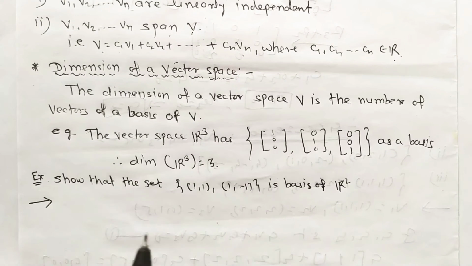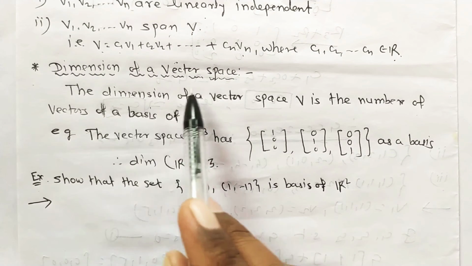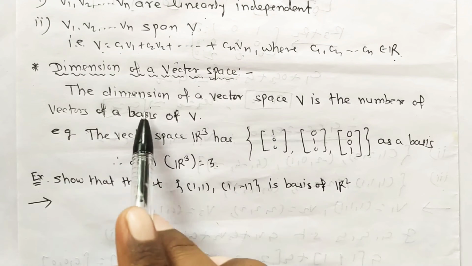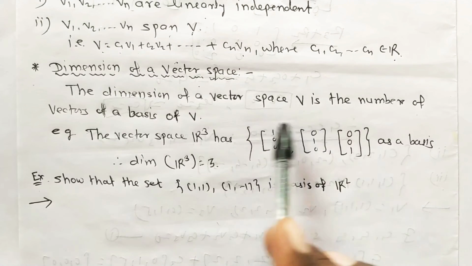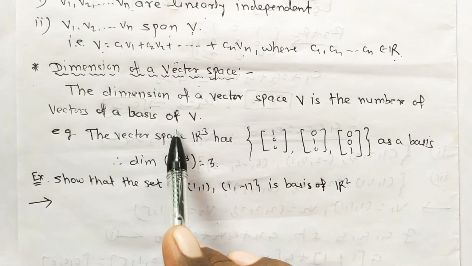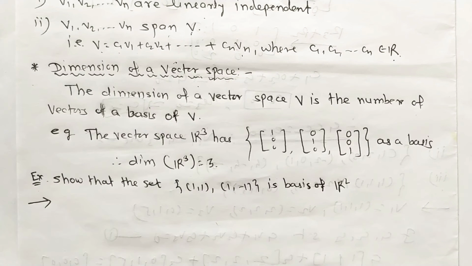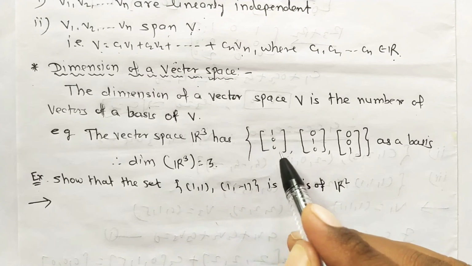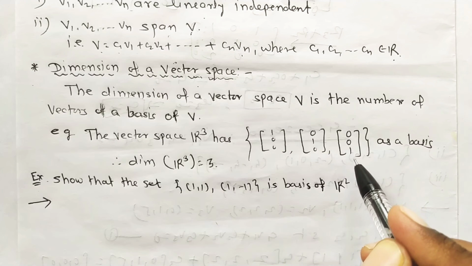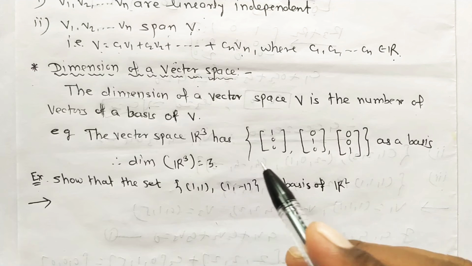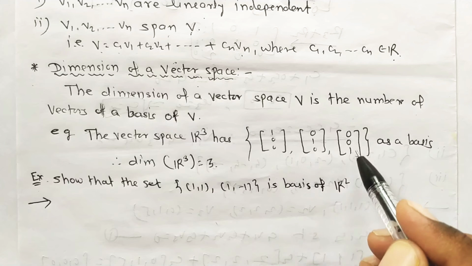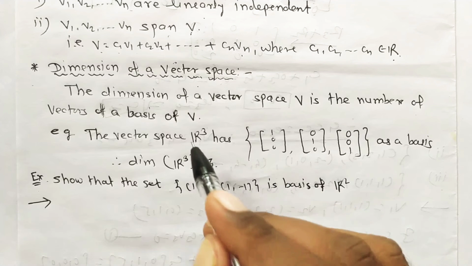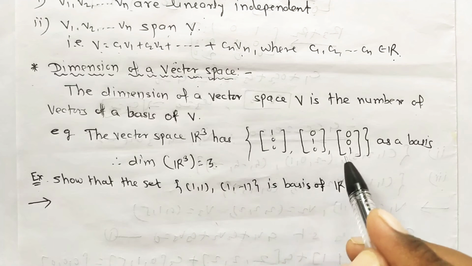Okay, then using basis, how do we find the dimension of a vector space? Dimension is again a very important topic.